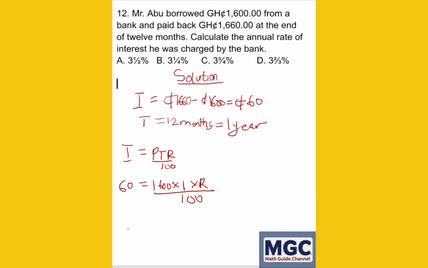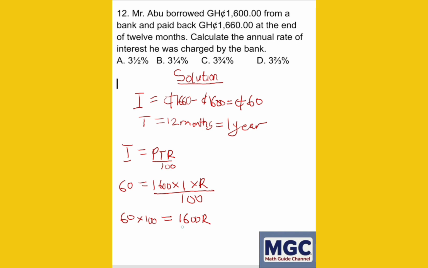So we can either simplify it directly by cancelling out the zeros in the 1,600 and that of 100, or we cross and multiply. So if you want to cross and multiply, we will have 60 will multiply 100, and then you equate that to 1,600 times 1 times r will give us 1,600 r.